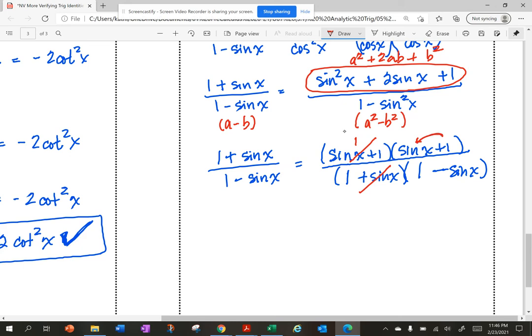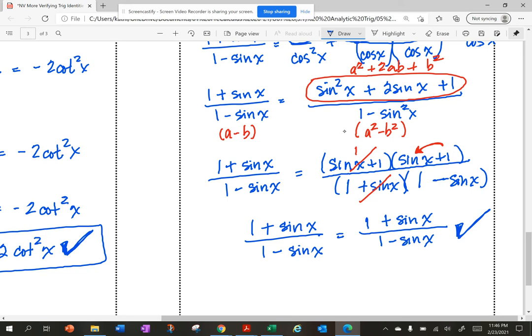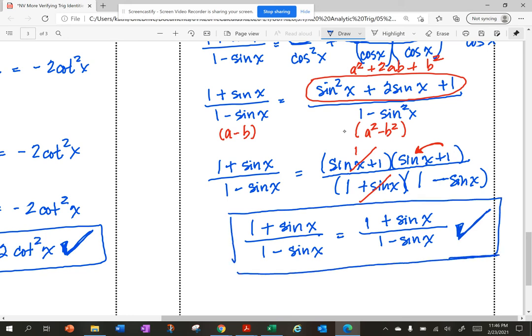But I'm going to rewrite the numerator so that it is exactly like the left-hand side. So I am left with 1 plus sine of x over 1 minus sine of x equals 1 plus sine of x over 1 minus sine of x. So I have verified my left-hand side equals my right-hand side. Okay, that's it.